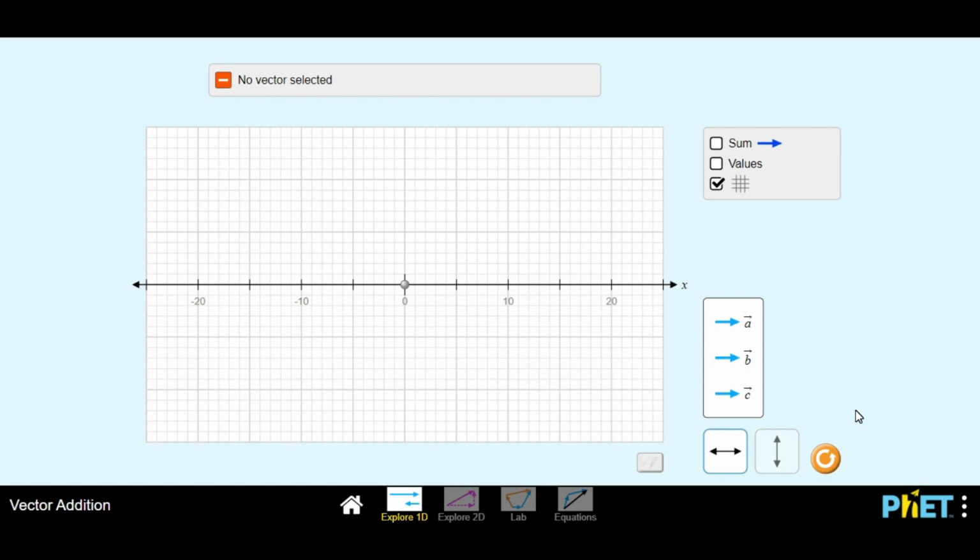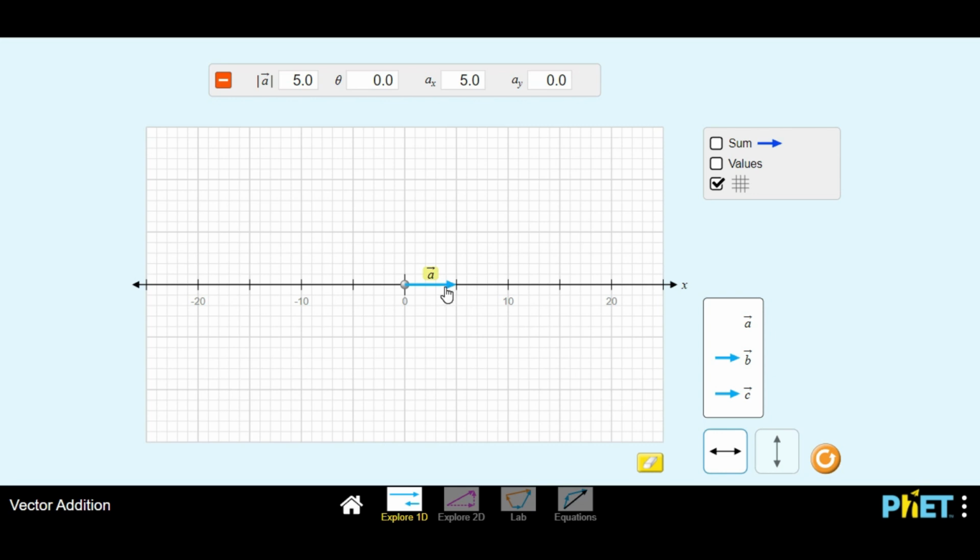In the introduction, I said that a vector quantity not only has magnitude, but it also has direction. To represent a vector quantity, we can use an arrow, like this. When we draw an arrow like this, the magnitude is 5 according to this scale.